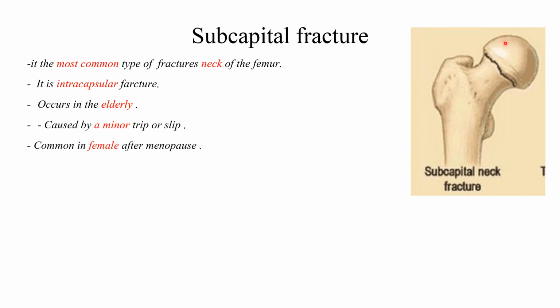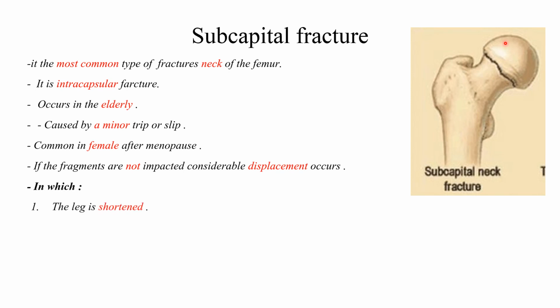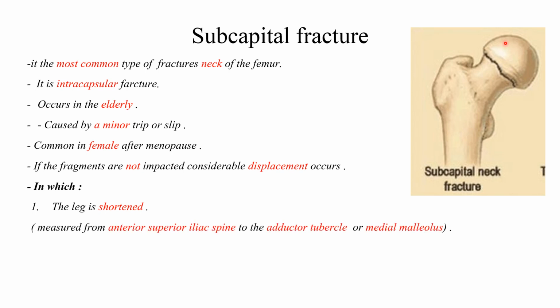This type of fracture, the subcapital fracture, commonly occurs in females after menopause due to thinning of the cortex of the bone. If the fragments are not impacted, considerable displacement occurs. Clinically, we will find that the leg is shortened. The normal length of the limb is measured from the anterior superior iliac spine to the medial malleolus.